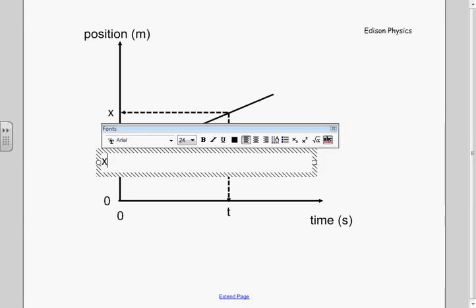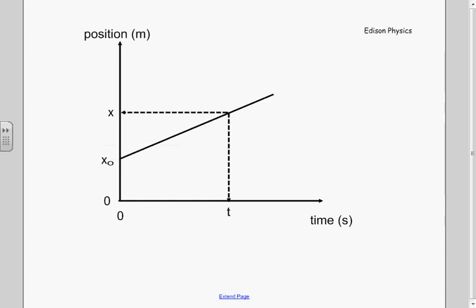This position is also x, but it's my starting x, or my original x. So I'm going to use a little subscript here, which is an O. So x_o, x original, x initial is where I started. x without anything else is my ending point. That can be anywhere on the line, and t is the amount of time it took.